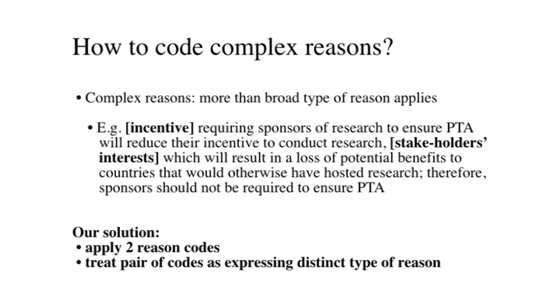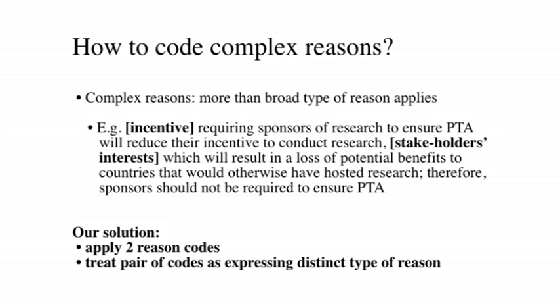Unfortunately, more complex coding systems may make the review less accessible to decision makers. Our compromise solution to coding complex reasons is therefore this. We assign two broad types of reason to the passage and then treat the pair of codes assigned as a distinct type.